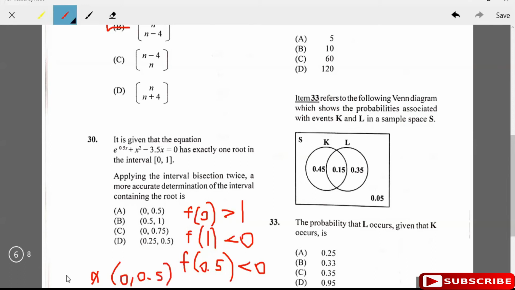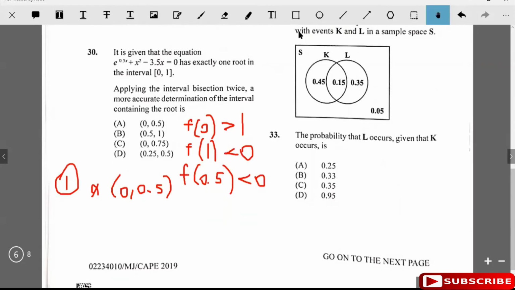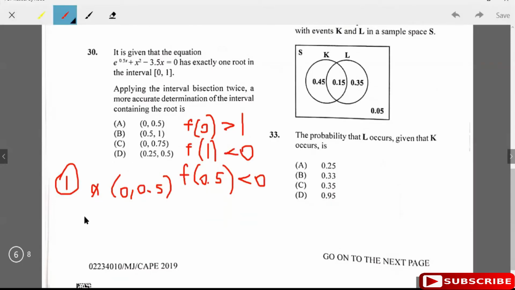So let's apply bisection one more time. 0 plus 0.5 divided by 2 is 0.25. f of 0.25, we put all of that in our calculator, and it's greater than 0.